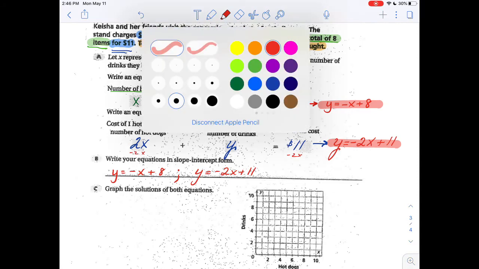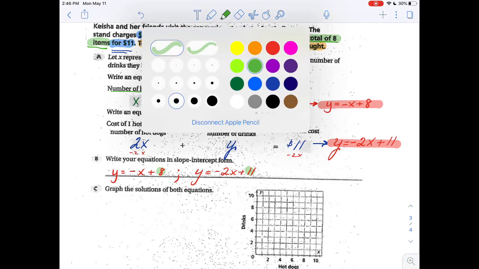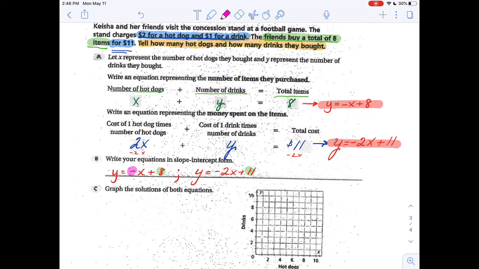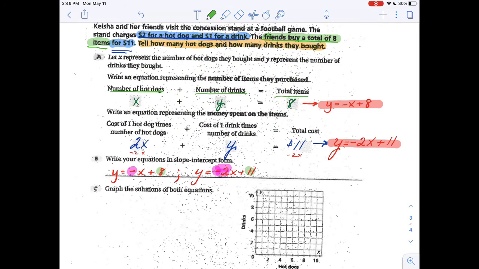So again, remember, look at your y-intercepts, and we want to look at our slopes. So let's start with that first equation, going to the y-intercept of 8.